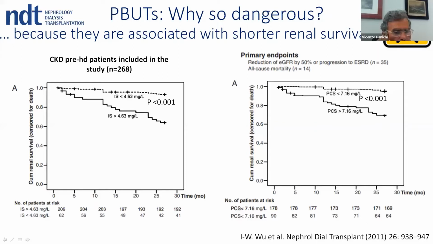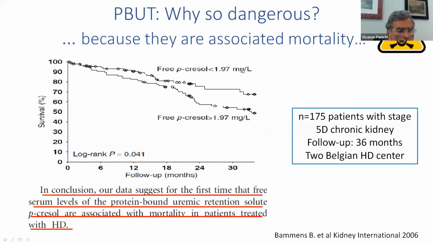There are a large number of papers on the mechanisms of uremic toxin toxicity, and they induce renal fibrosis and so decrease renal function.